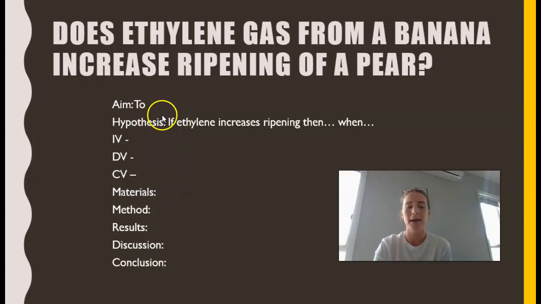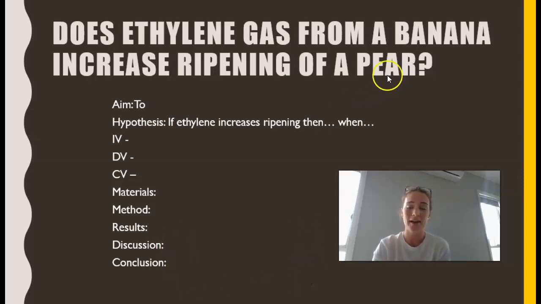So writing up your aim, hypothesis, what all these variables would be, how are you going to measure your dependent variable. I want you to have a go at designing an experiment for this. So at the very least, you'll have your experimental design mapped out. You can come up with some hypothetical results and give me a really short discussion conclusion. It doesn't have to be anything overly detailed.